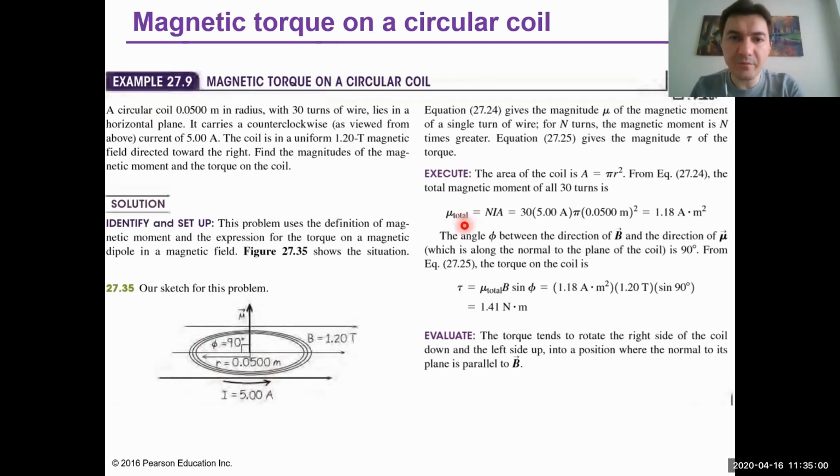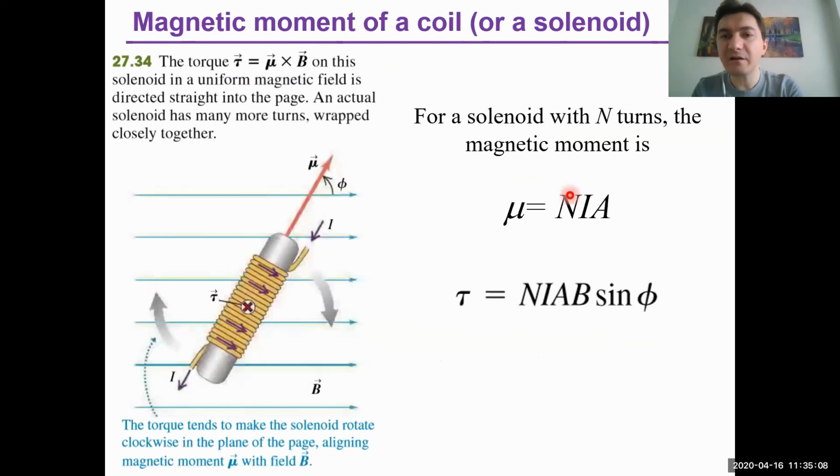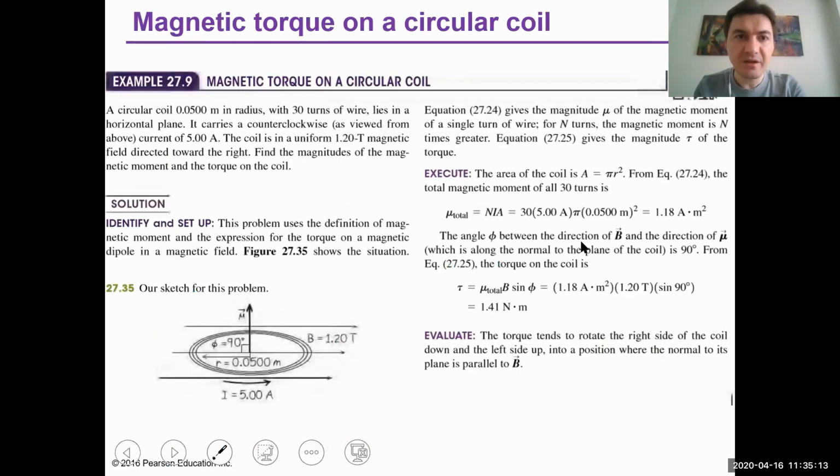So mu, the total magnetic moment for the coils or solenoid, is given by I times area times number of turns. Here we have 30 turns, put 30, current is known, radius is given, then you can calculate the area, put the area here, then the total magnetic moment is given by 1.18 ampere square meter.